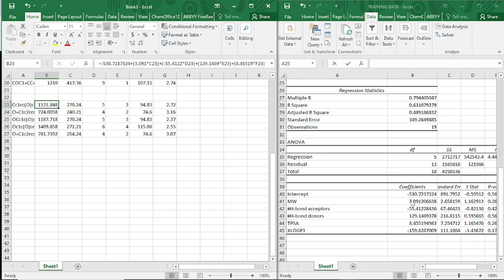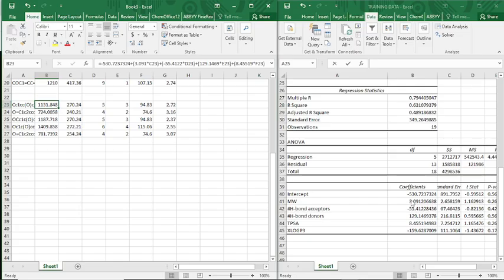The inputs are the S. S1, S2, S3, depending on how many inputs. Then these B1, B2, B3 are the coefficients of those input variables.